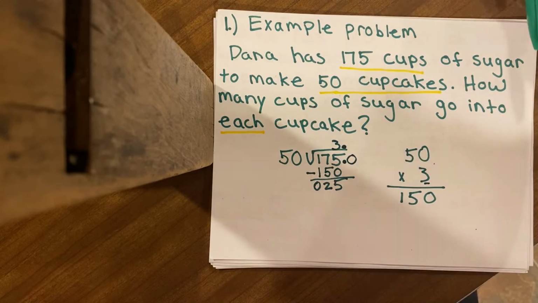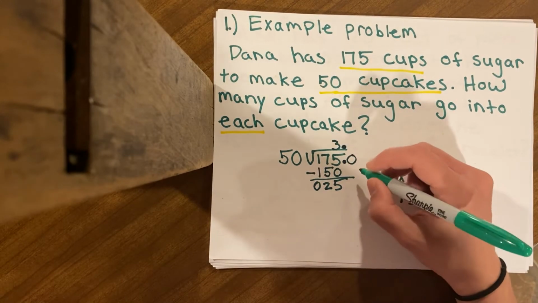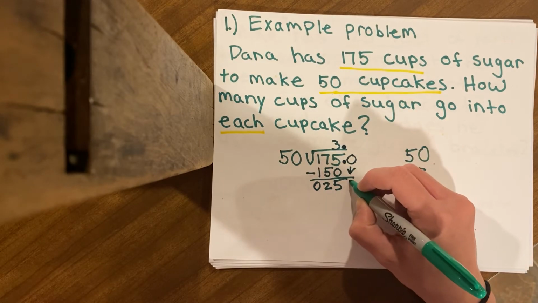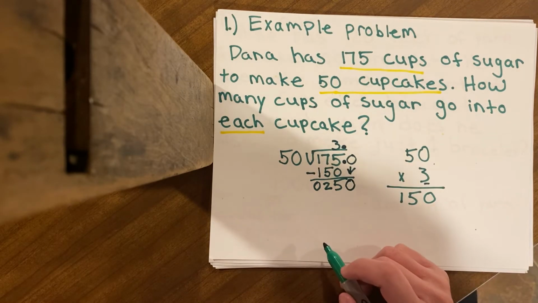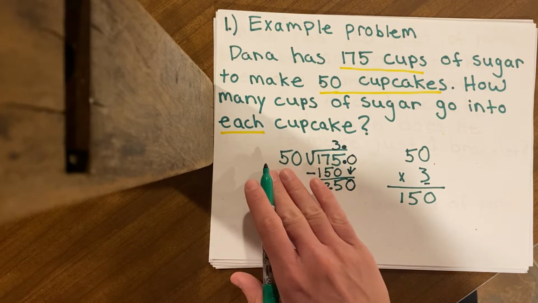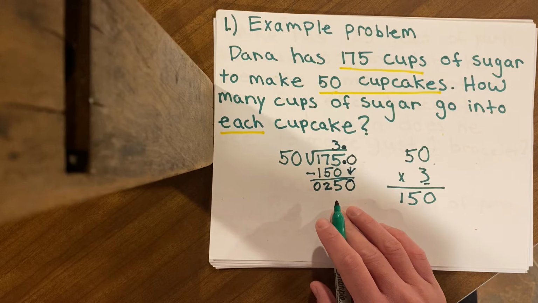After we subtract, we know our last step is to bring down. So you're going to bring that 0 down here. Okay? So now, what we have instead of 50 into 25, we have 50. How many times can 50 go into 250?